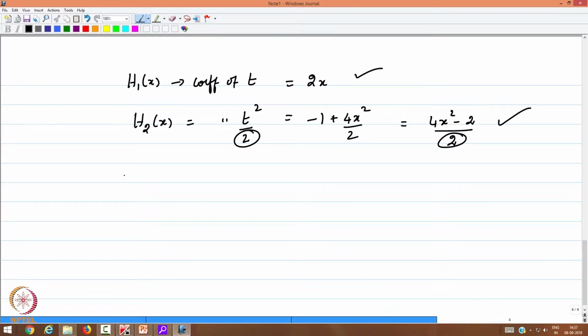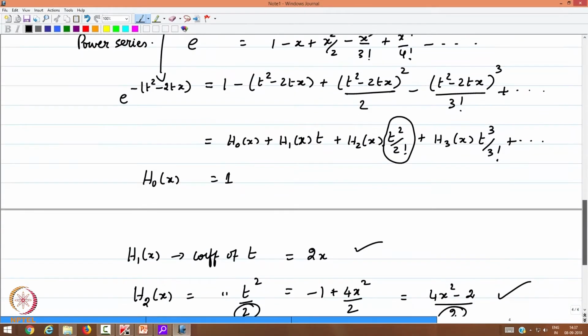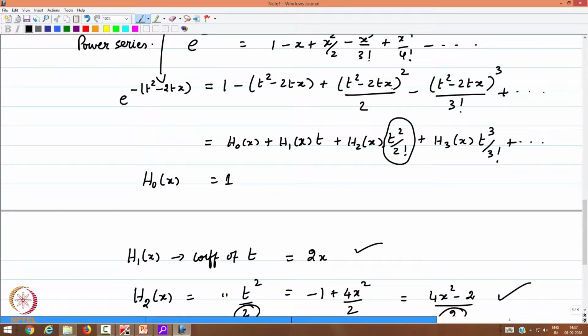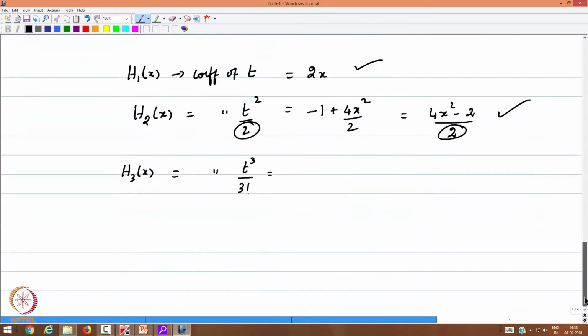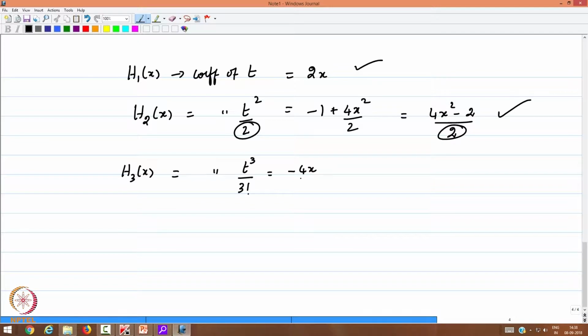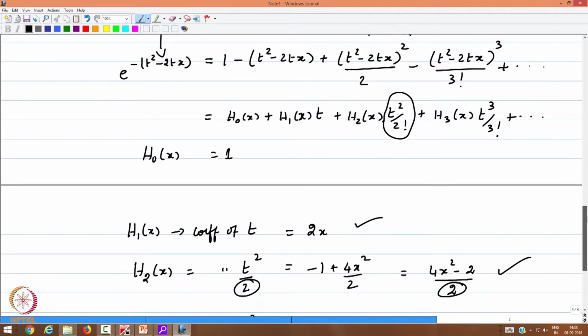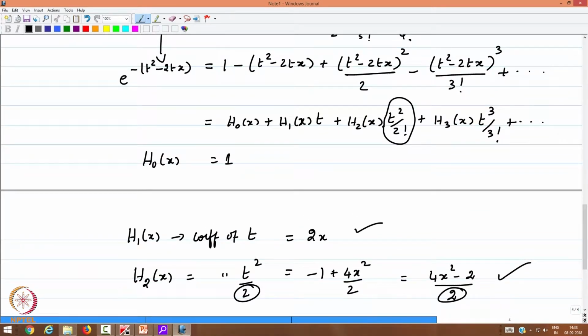h3 of x is the coefficient of t cube by 3 factorial, and if you look at here carefully, there is an a minus b whole square. So, the 2ab term will contain a t and a t square. So, that is a t cube. So, what you have is minus 2 into 2 minus 4x divided by 2. So, minus 4x divided by 2, that is one term, and the other t cube term that you can get is this one, a minus b whole cube.